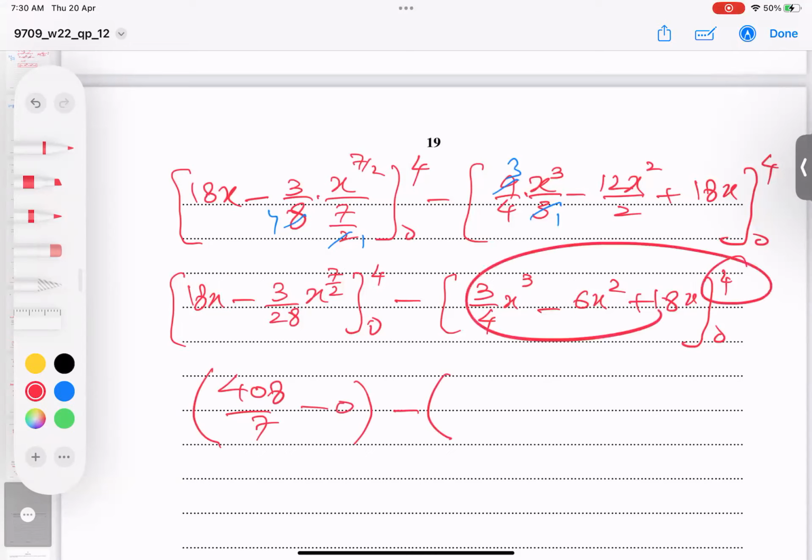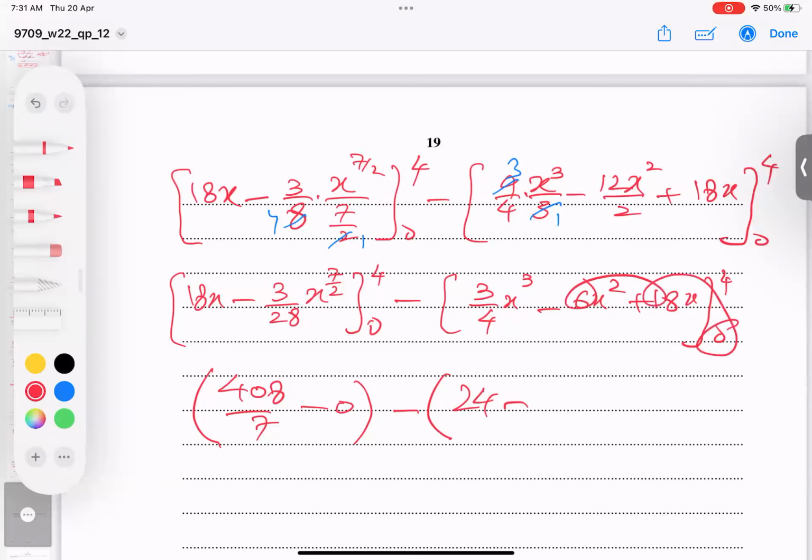What about this? When I replace 3 times 4 to the power 4 over 4 minus 6 times 16 plus 18 times 4, I get 24.